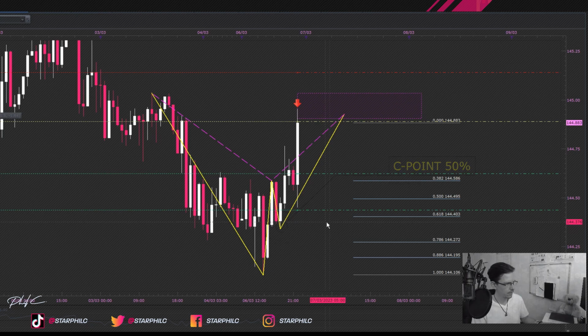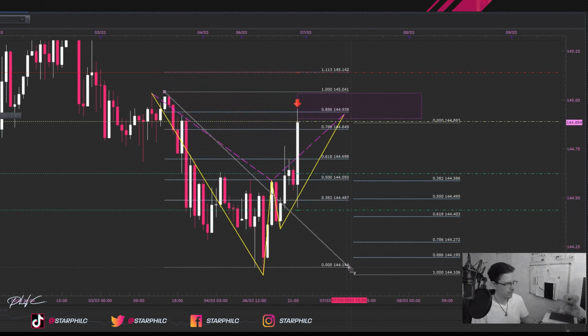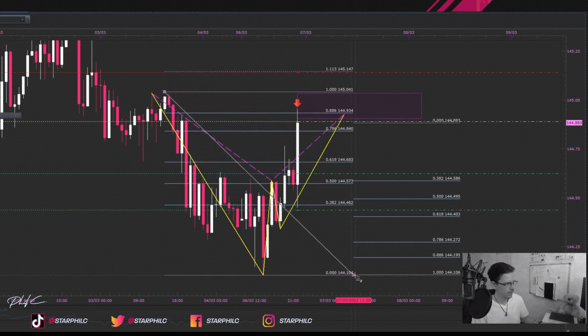So we've got the right B point and the right C point for a beautiful bat. And I've just been sitting here watching this price action shoot all the way up into our 886 from our X to A move. So if we take the fib retracement again, go from swing high to swing low, full leg in the move here, we have an 886 right here.